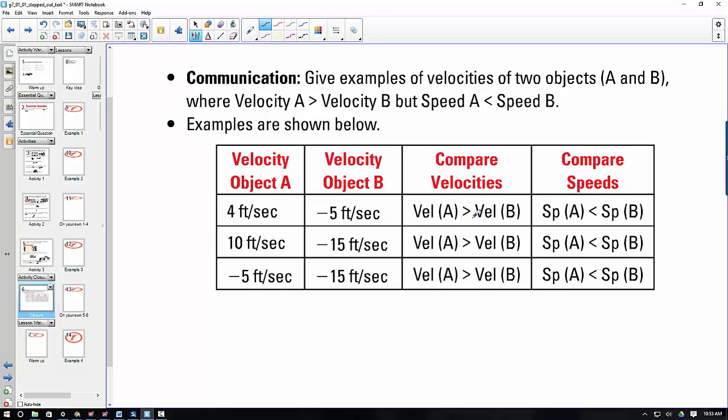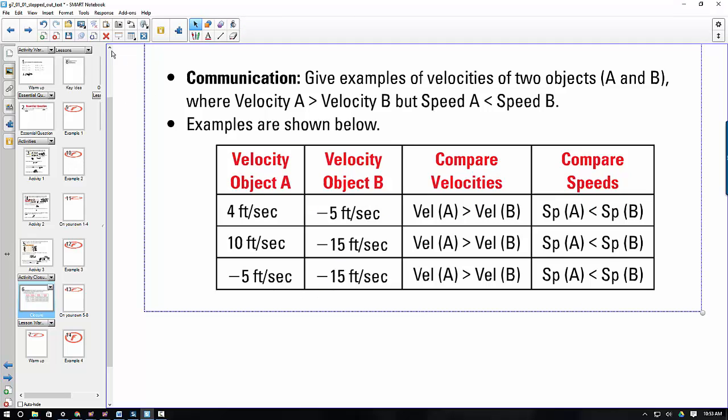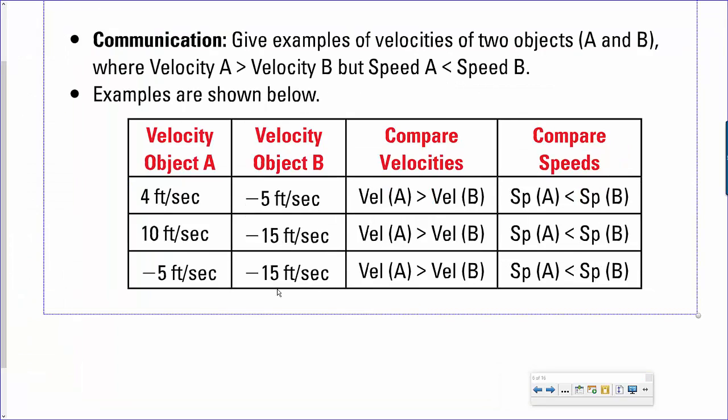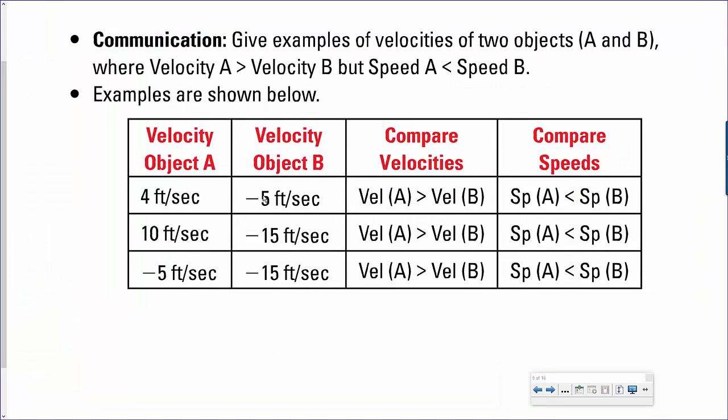If I look at the speeds now, remember this is the absolute value of this. And that would mean that if I look here, this would become a positive 5, and 5 is greater than 4. That's why that works. 15 is greater than 10 if it's an absolute value again for speed. Then that's why this is greater now. And this negative 15 turns into a positive 15 when we talk about speed. Again, it's the absolute value of it.